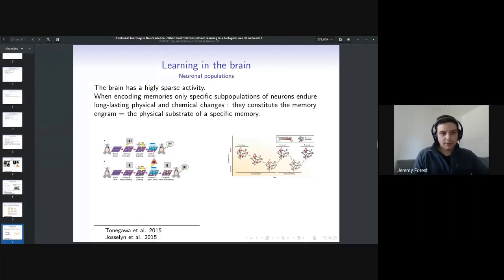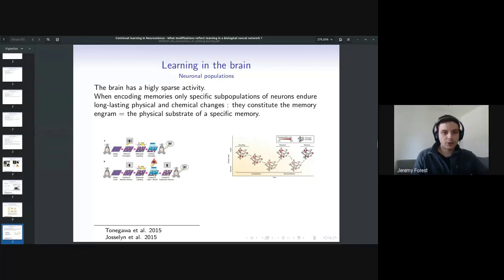What's interesting there is that we now have the tools in neuroscience to look at those specific engrams. So for example, if you take a mouse and you condition it with fear conditioning, the mouse is able to be conditioned with a one-time association of a shock with a sound, for example. And you can use some tool to label the cells that are activated.